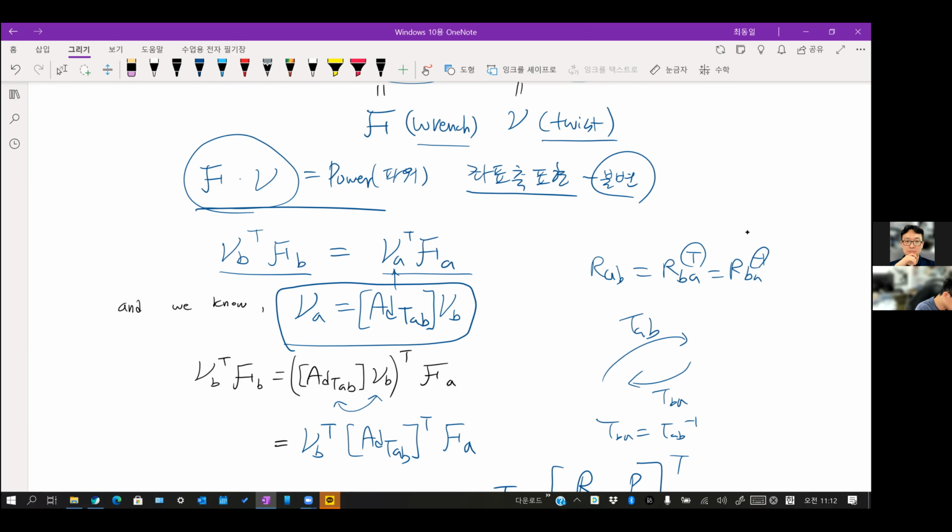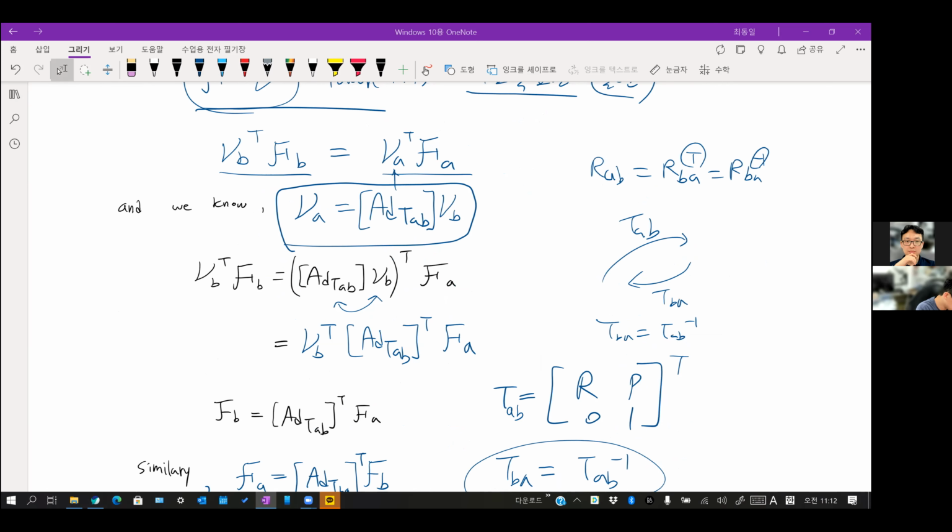And if we take the transpose of this matrix, then this position is changed. These two positions are changed, and we add the transpose here and here.